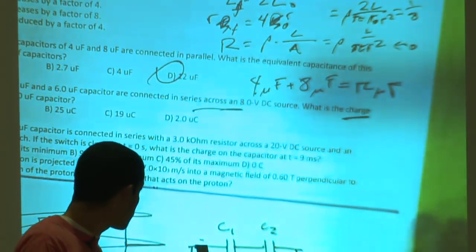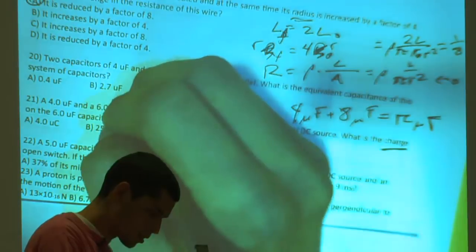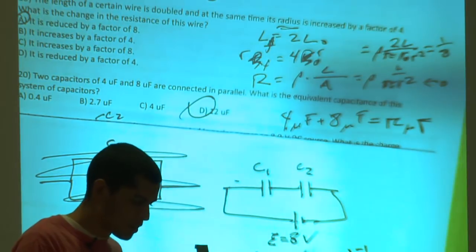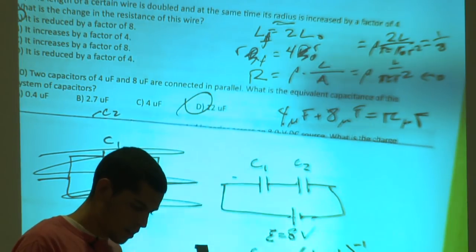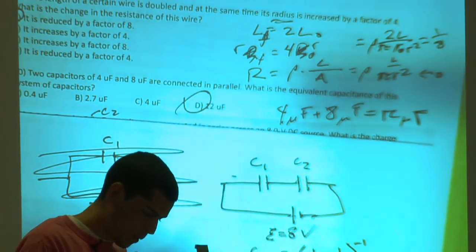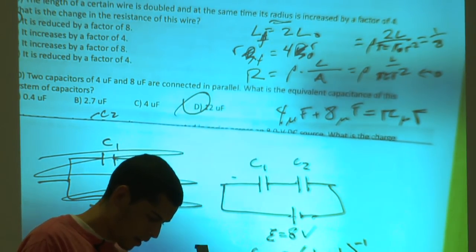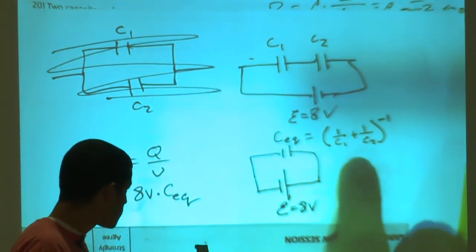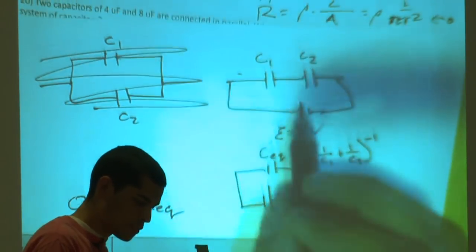And then we're looking for the charge on the 6 microfarad capacitor, let's call it C2. We find the charge by looking at our previous equation: C equals Q over V. So the charge on our equivalent capacitance is Q equals 8 volts times our C equivalent, which is essentially this expression over here. And then we separate the two.